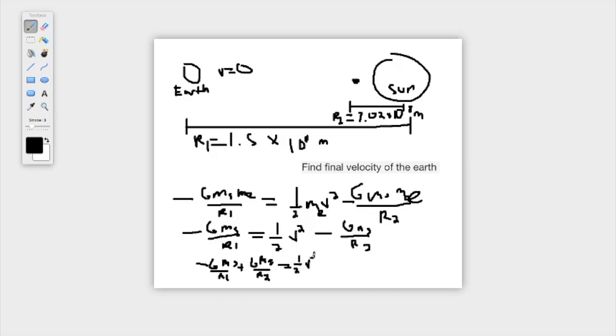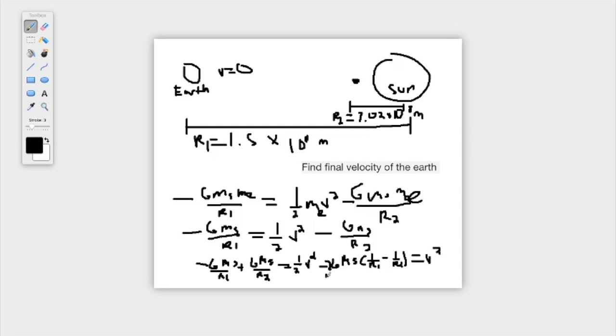So what I'm going to do is factor negative G Ms, and I'm going to multiply by 2 at the same time. So negative 2G Ms times 1 over r1 minus 1 over r2 equals v squared.